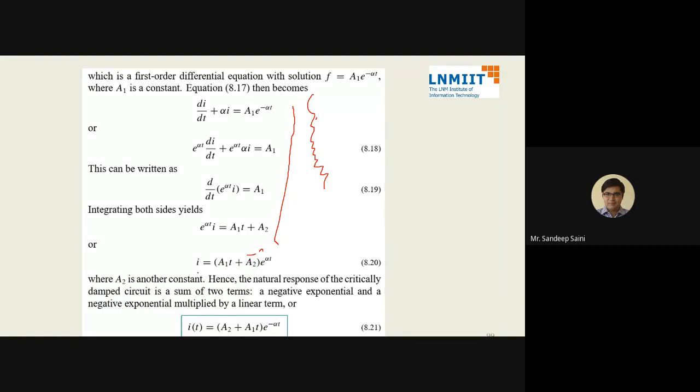Whenever alpha is equal to omega naught, my solution will be a1 t plus a2 into e raised to power minus alpha t. It should be minus alpha only, it is a mistake here.